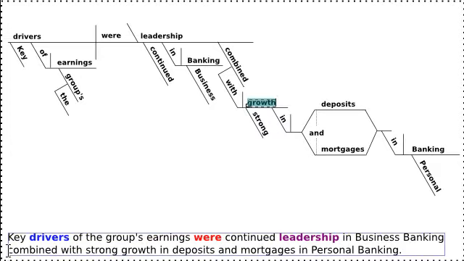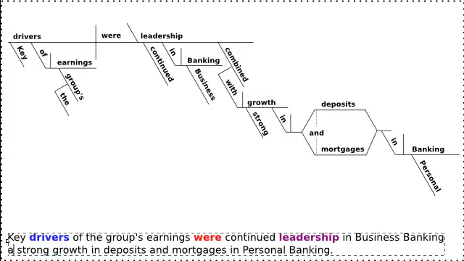Let's change combined with down in the sentence to and, and see what difference that makes to the structure of the sentence. Actually, it's a tiny, tiny change in editing terms, but it makes a huge change in the grammatical structure of this sentence, because now growth is no longer the object of a preposition.